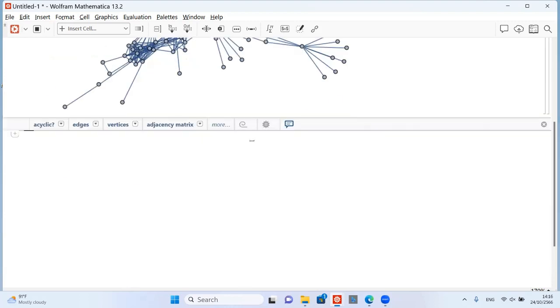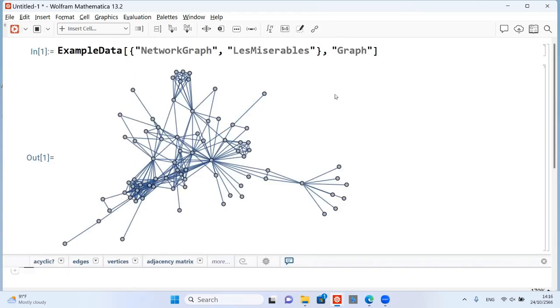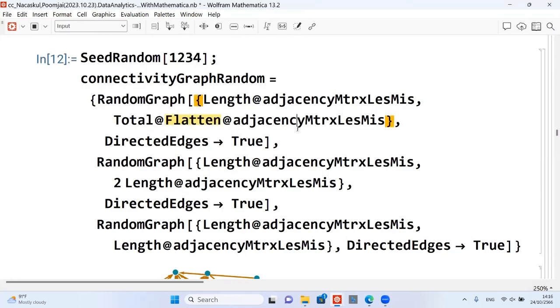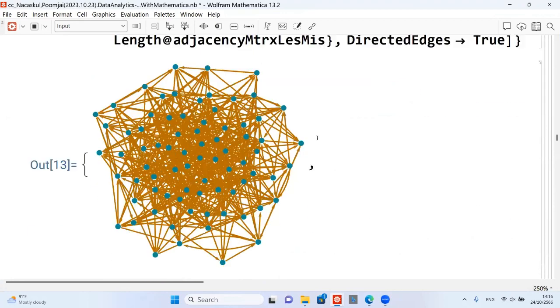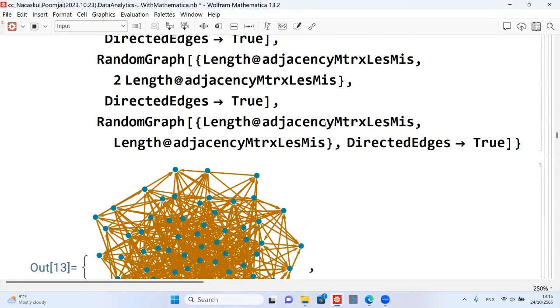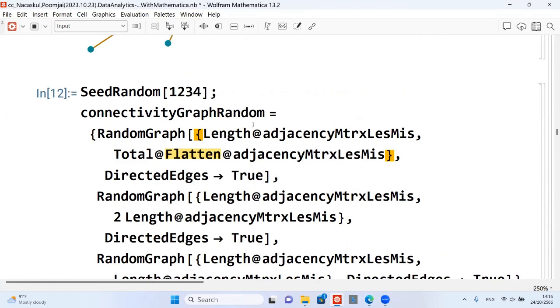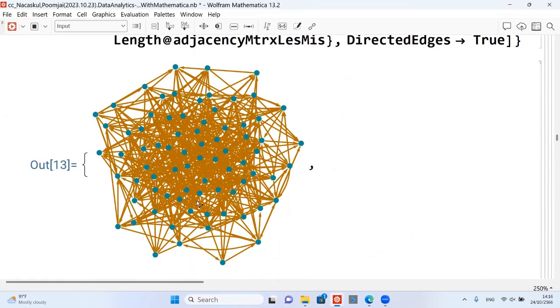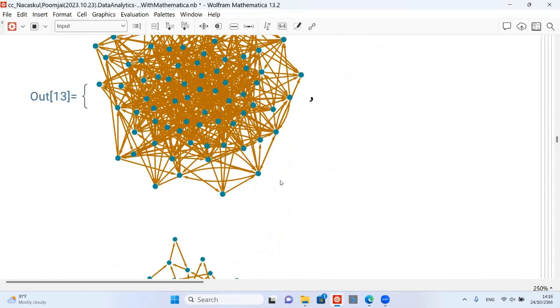Contrast this with the simulation that I came up with. This one again, same number. I basically use the same numbers just so that you can compare. So this is also 77 nodes or 77 vertices, right? A lot of people know everybody.